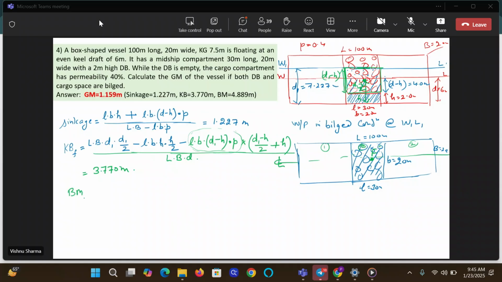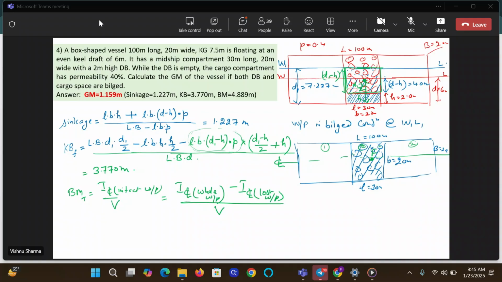So BMP will be equal to ICL of what? Of the intact water plane divided by volume of displacement. This will be equal to ICL of the whole water plane minus ICL of the lost water plane. You can write like this, divided by volume of displacement.